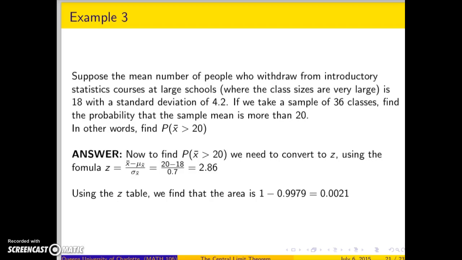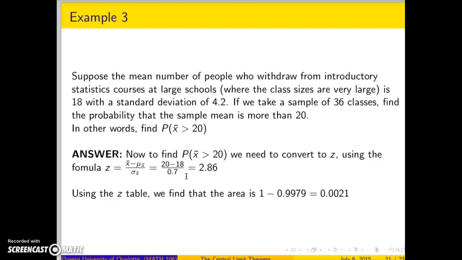So now we want to find the probability that x bar is greater than 20. We need to convert x bar to z first. So we take 20 minus 18, because this is mu sub x bar, over sigma sub x bar, which we just found, and we get 2.86.